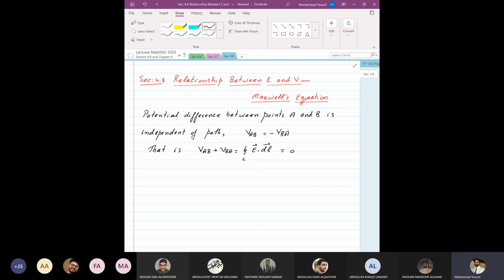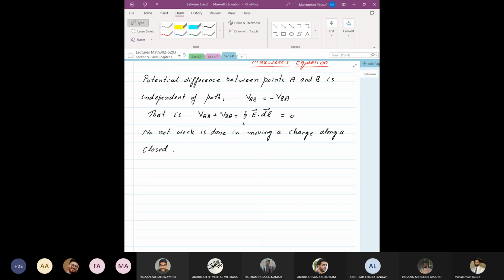That no net work is done in moving a charge along a closed path in an electric field.